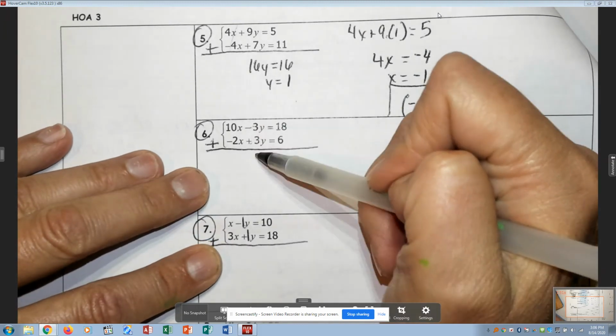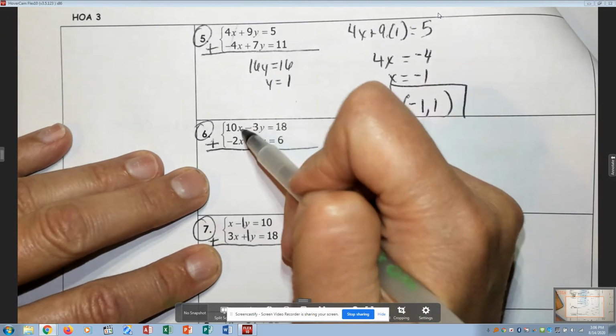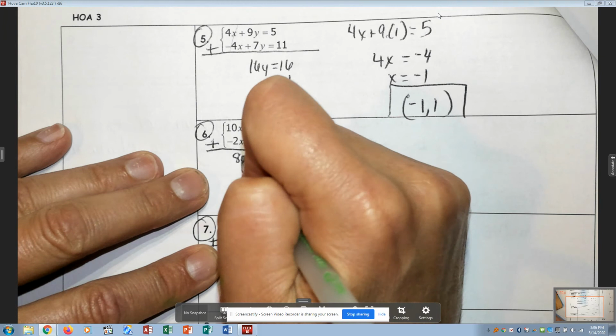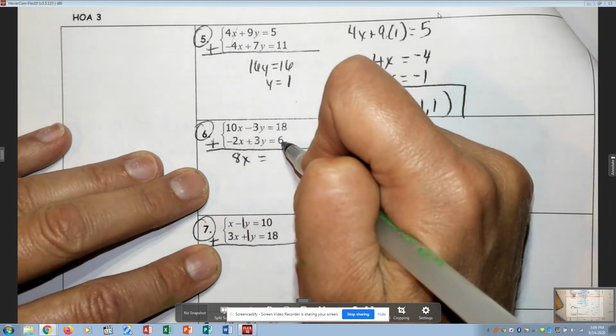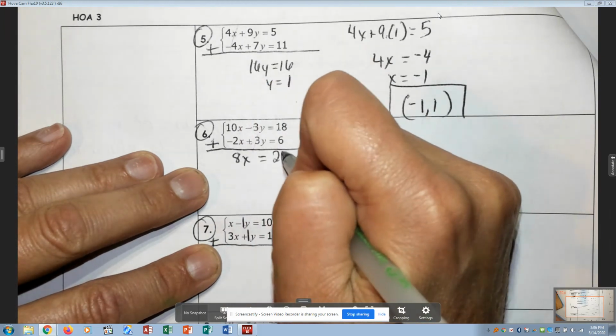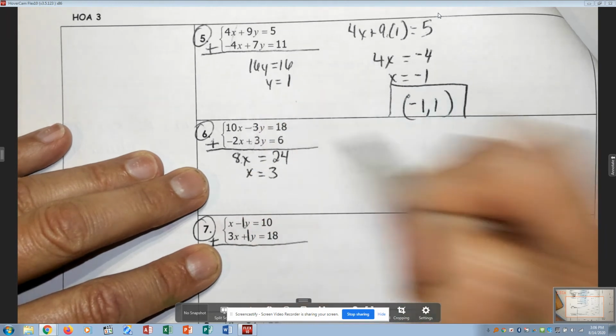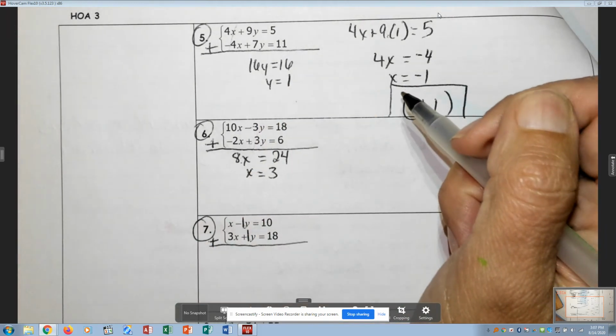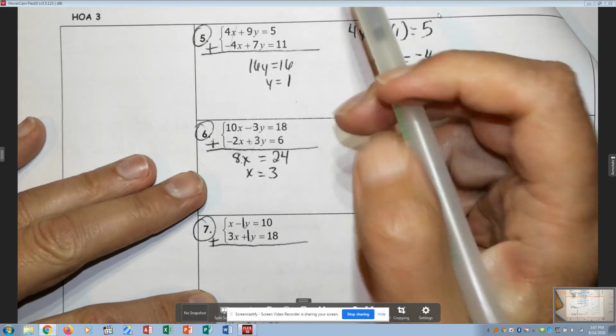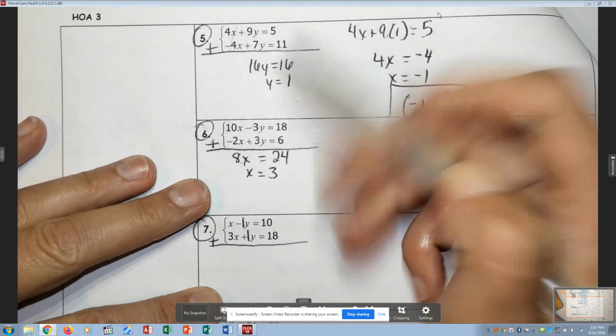This one, you add, so these eliminate. 10 plus -2 is 8x equals 24. Divide 8 on both sides, so x equals 3. Let me put it here.